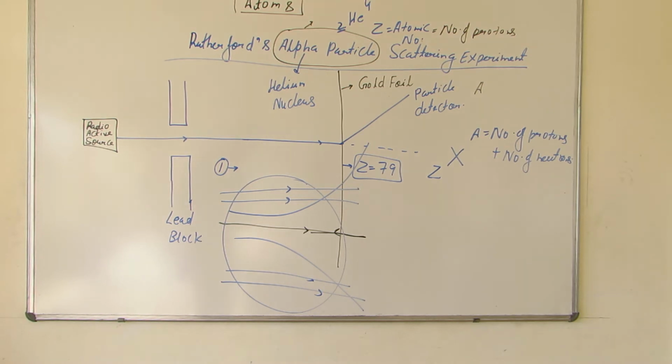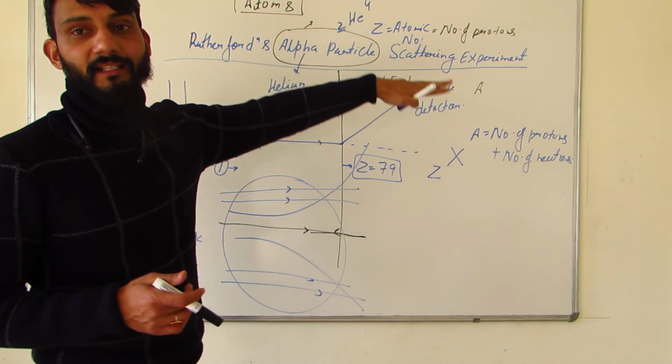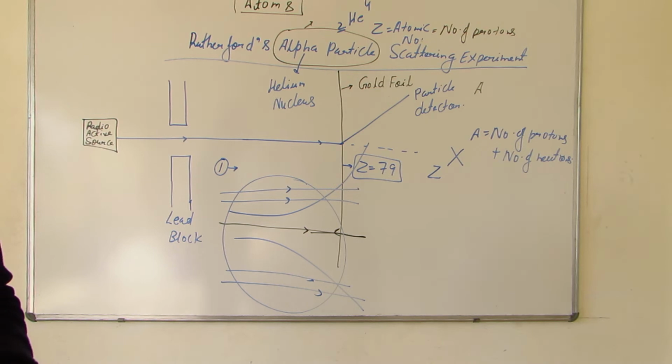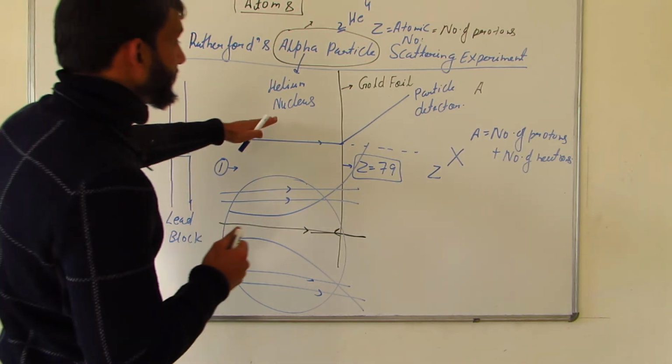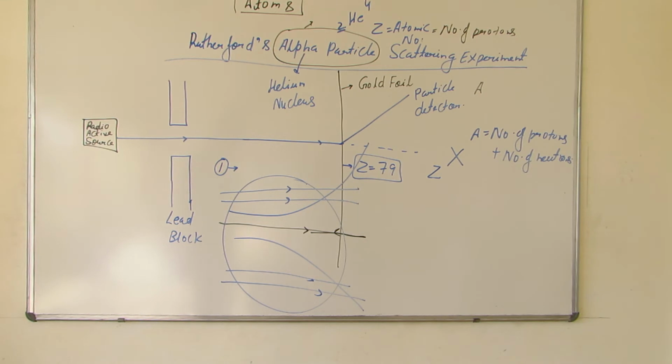Now the second part. Alpha particles are positively charged and very heavy particles, not light particles. In order to deflect these heavy positive particles, we need a greater force to deflect them backwards.